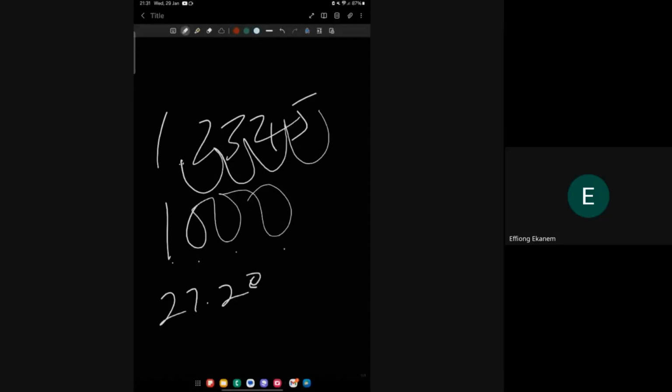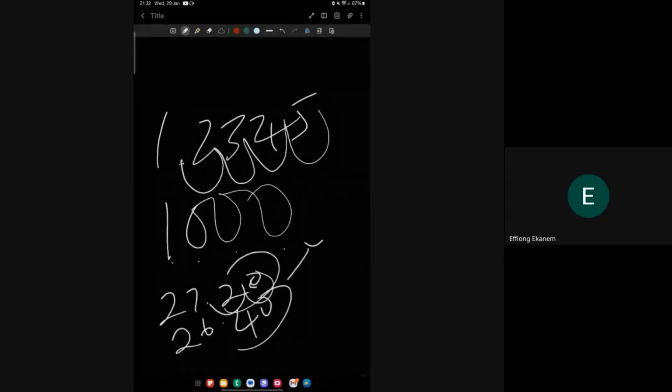So let's say this is our stop loss, and our entry is 26.40. Now we are dealing with two figures after the decimal, so we have 1, 2.